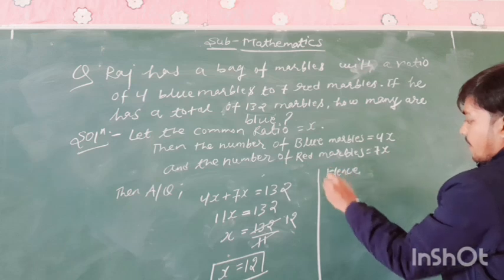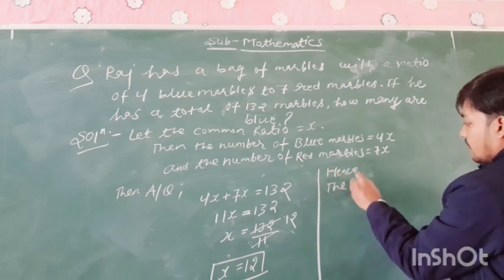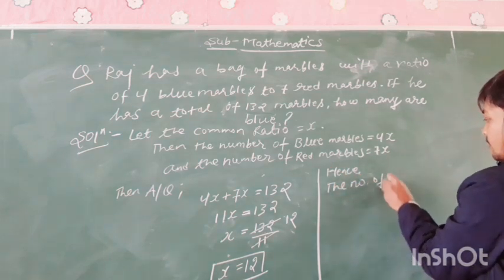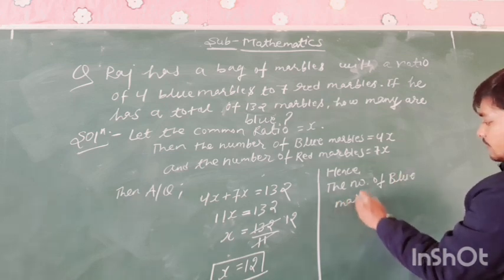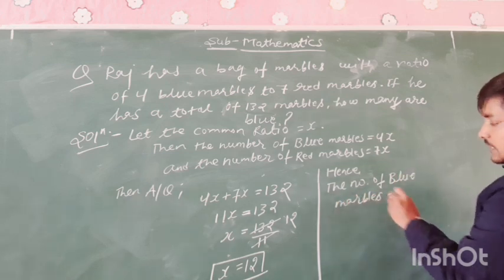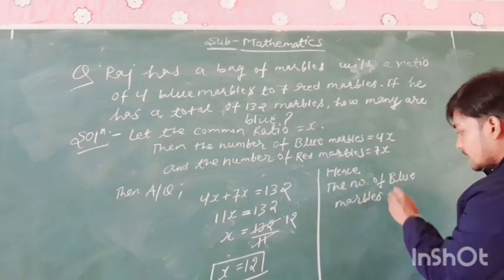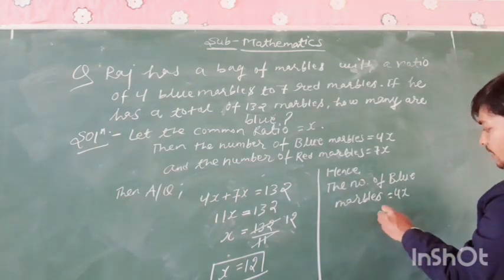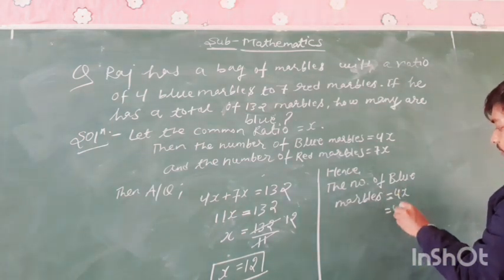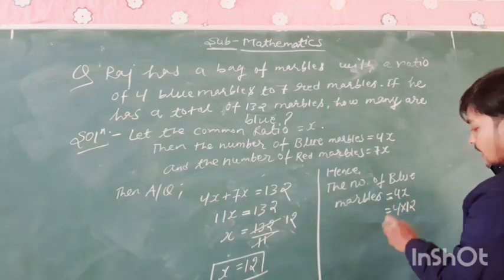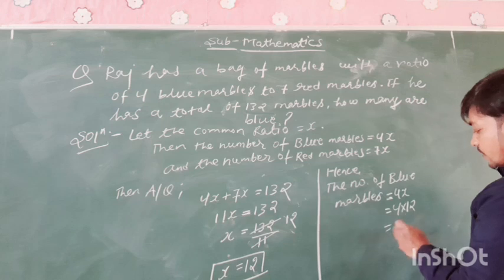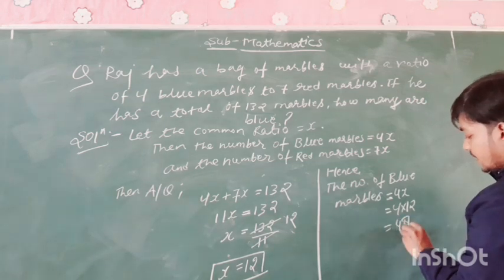Hence the number of blue marbles is equal to 4x. 4 into the value of x, which is 12, and the product of 4 and 12 is 48.